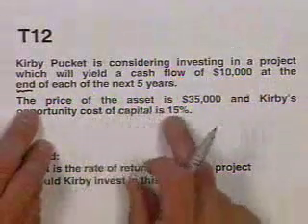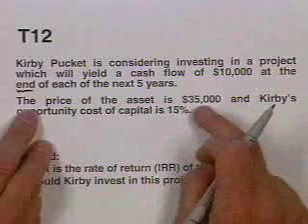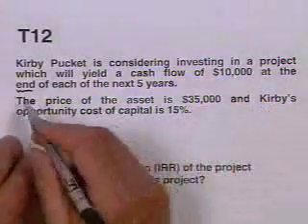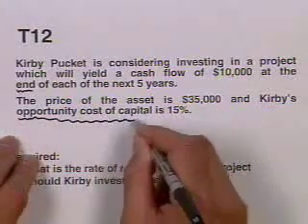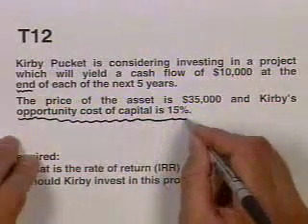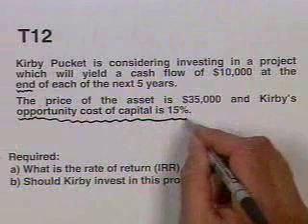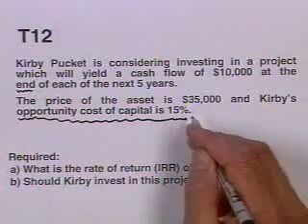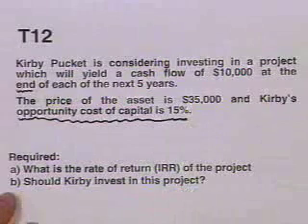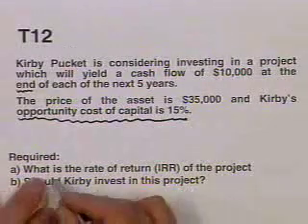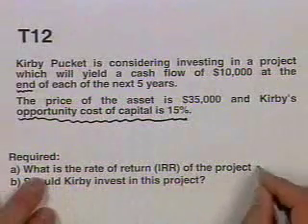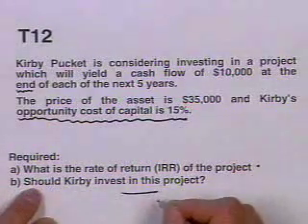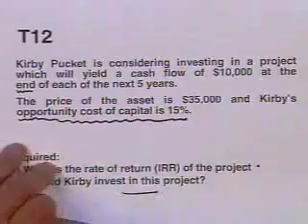The price of the asset is $35,000, and Kirby's opportunity cost of capital, in other words, the rate of return Kirby has to be able to hit in order to accept this project, is at least 15% or more. The question then asks, what is the rate of return on this project? And should Kirby invest in this project? So here we go.